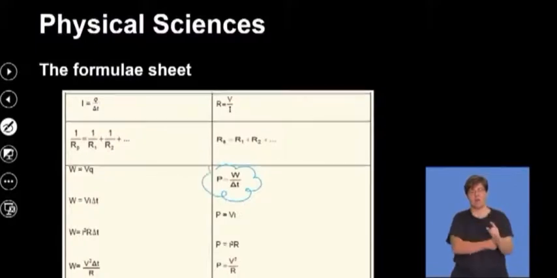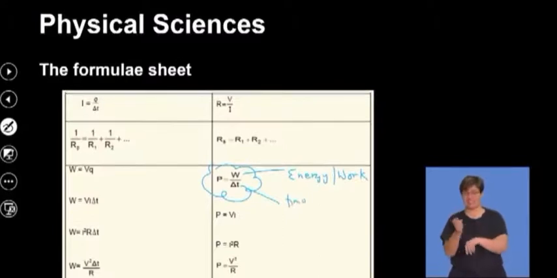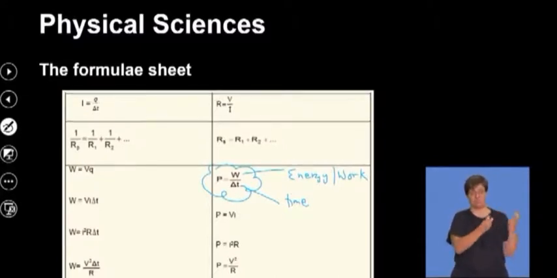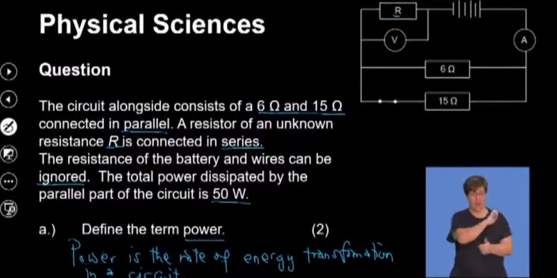So W is energy or work, and then we also have time. When we talk about time, we're talking about the SI unit, which is the second. So the data sheet becomes a valuable resource in terms of that. So we understand that power is the rate of energy transformation in a circuit, or work done, because when energy is transferred, work is done.